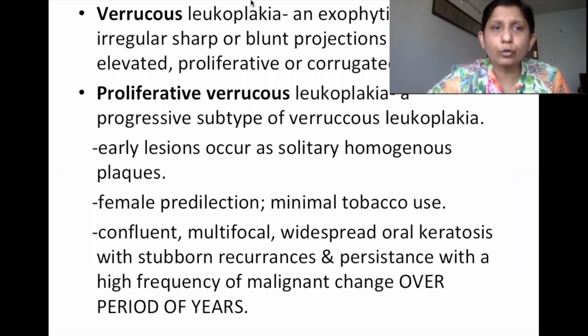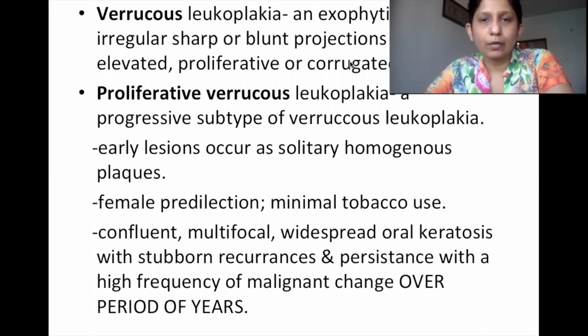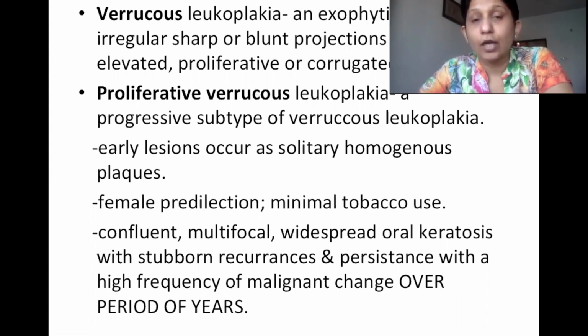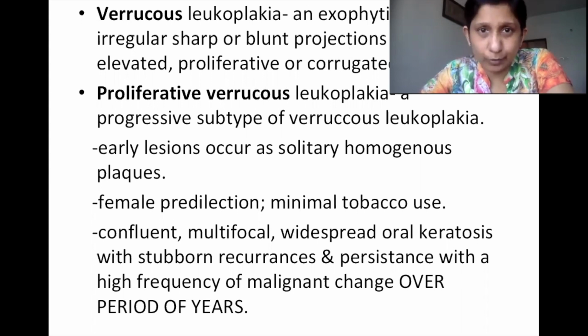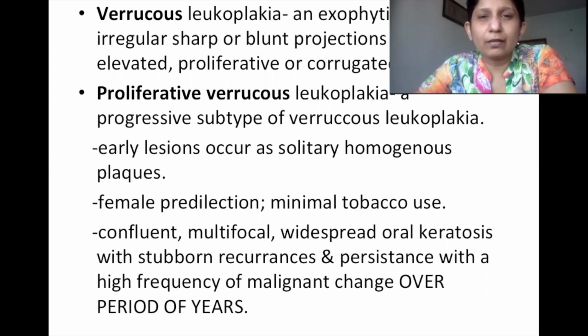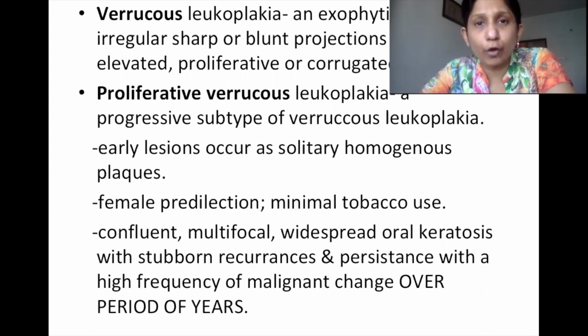Now coming on to verrucous leukoplakia. Whenever you hear the word verrucous, you should think in terms of a cauliflower-like appearance clinically. A cauliflower-like appearance would be, I would say, not a very uniform appearance.